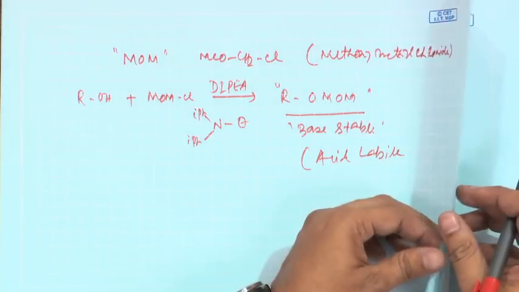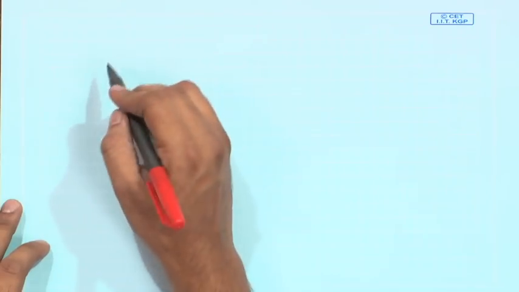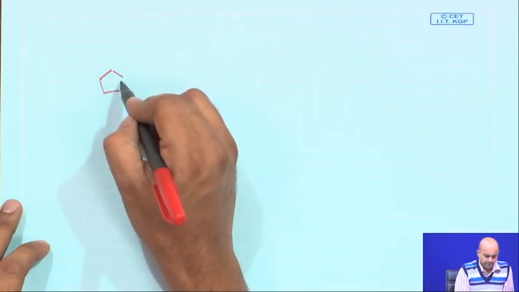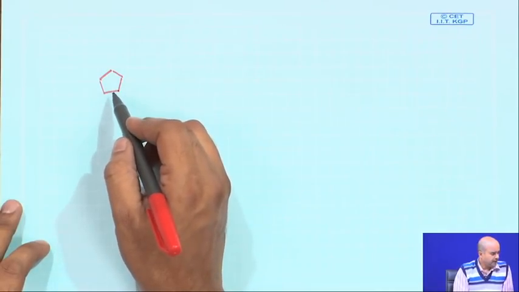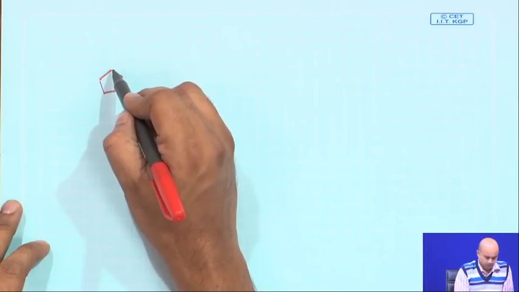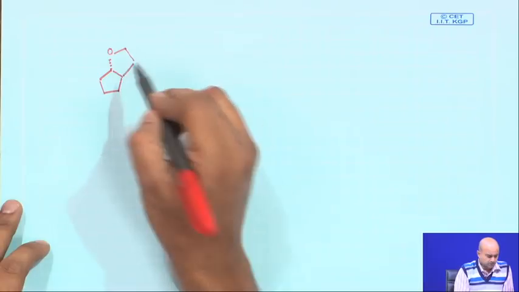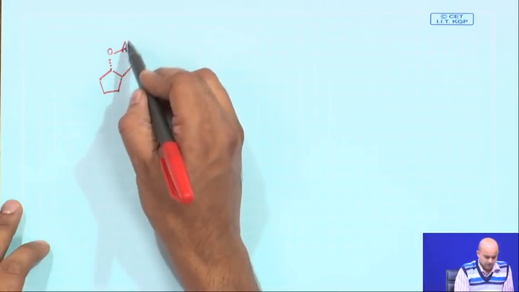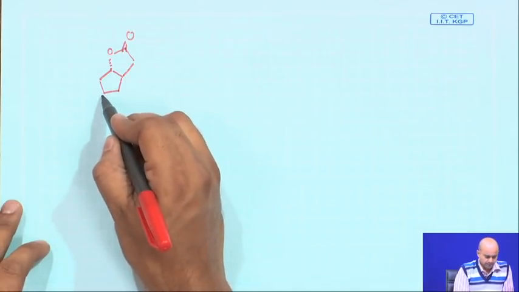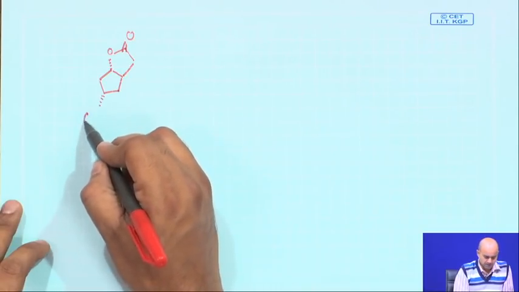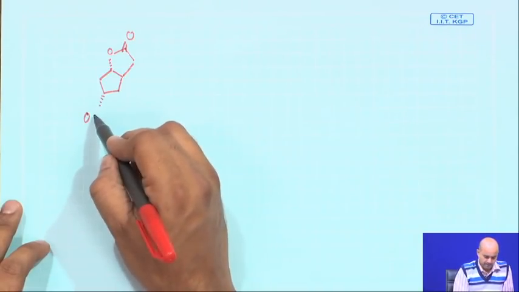Next, we will discuss a similar kind of problem where you can use this concept. We will have a structure something like this, a bicyclic ketone.